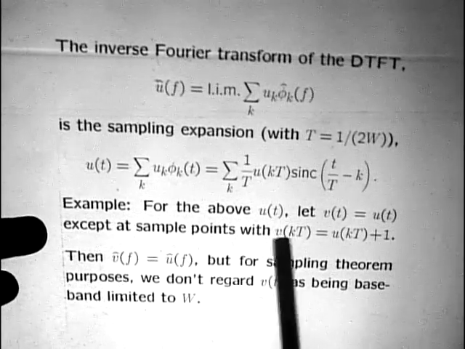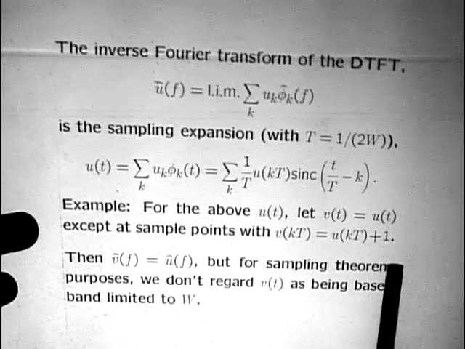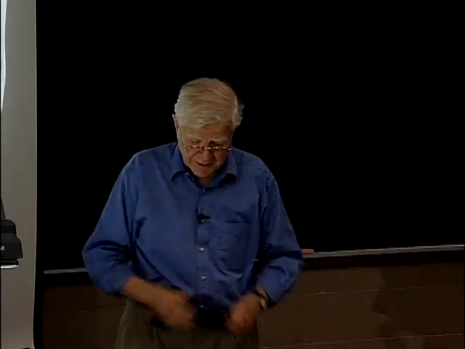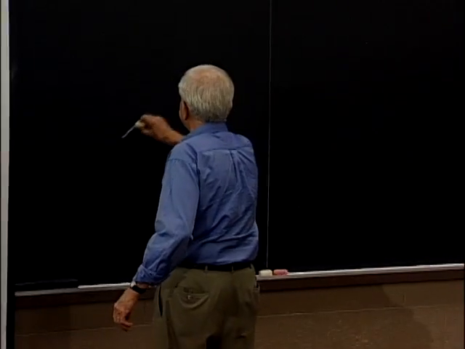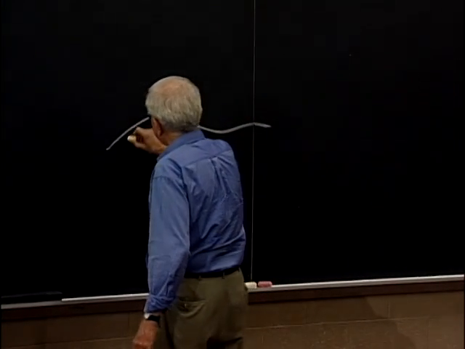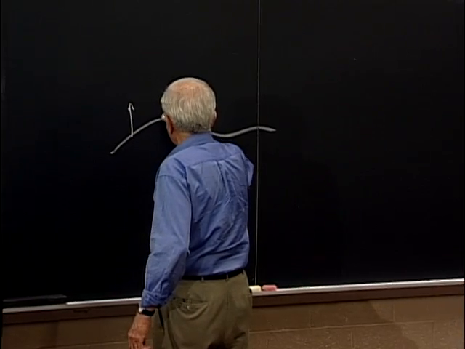In other words, v of kT is equal to u of kT plus 1. So we take this nice smooth function that we have here, and at every sample point we simply add 1.